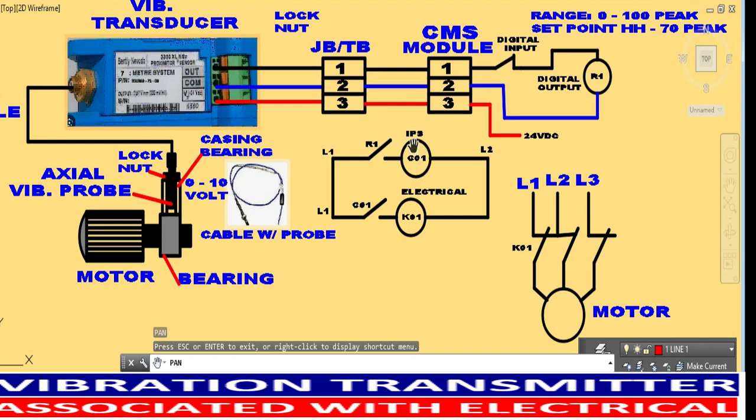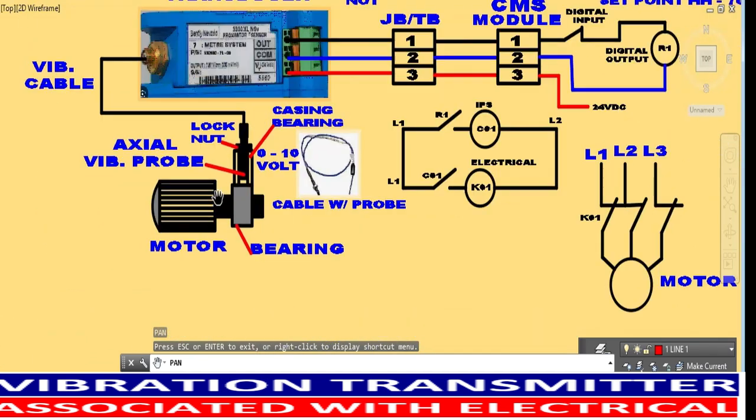Once CO1 is energized, the CO1 contact will close. Then the electrical contactor KO1 will be energized, and the KO1 contactor closes its contact and runs the motor. And then how is the motor protected from the vibration?